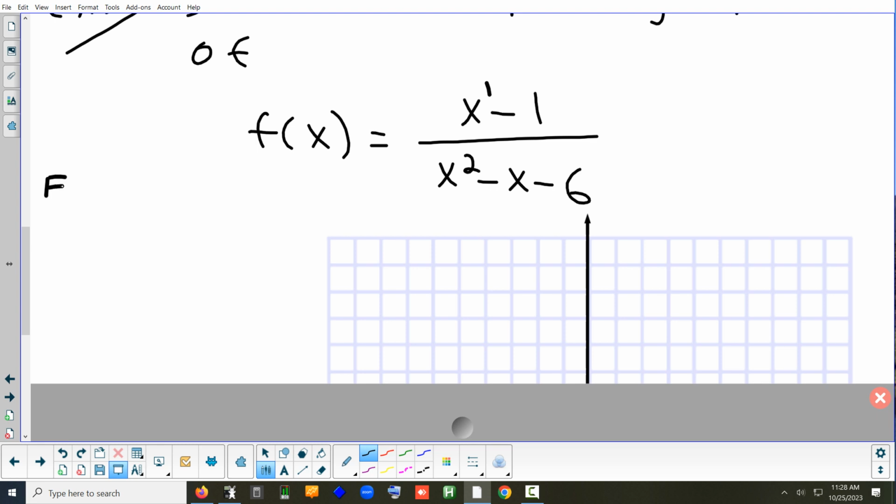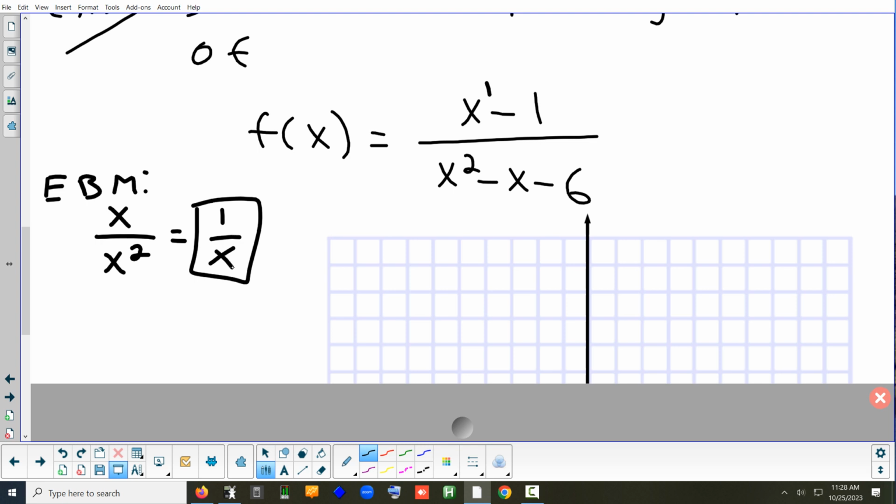But to do the horizontal, I need the EDM. Okay. Before I reduce it, what's going to be my expression for the EDM? It will reduce, but don't do it yet. Yeah? x over x squared. It's going to be x over x squared, which reduces to 1 over x.